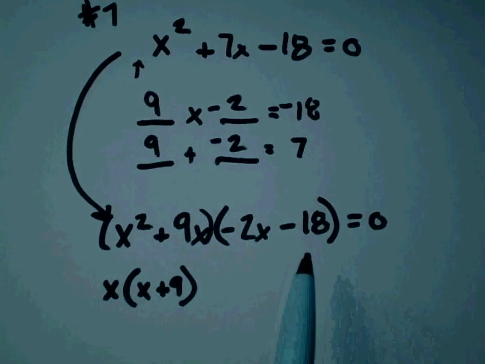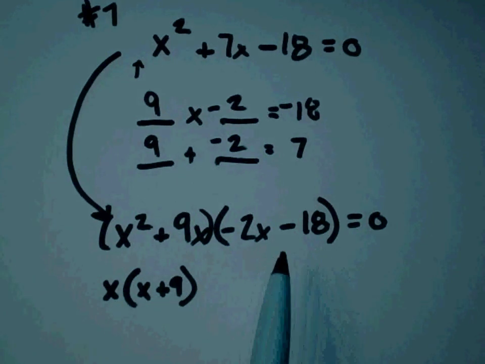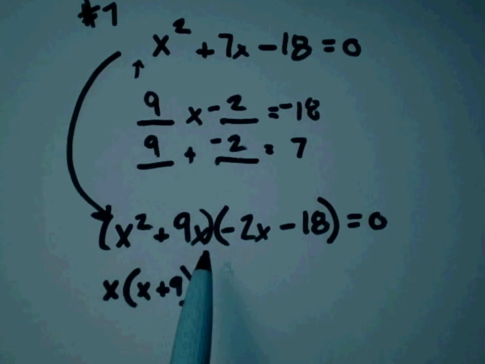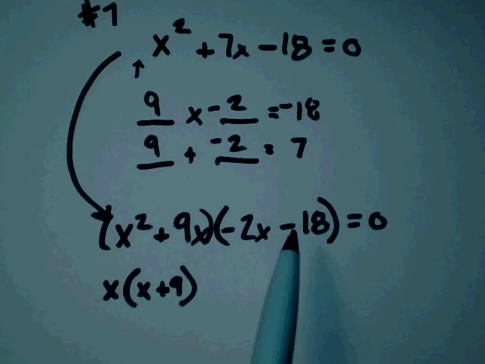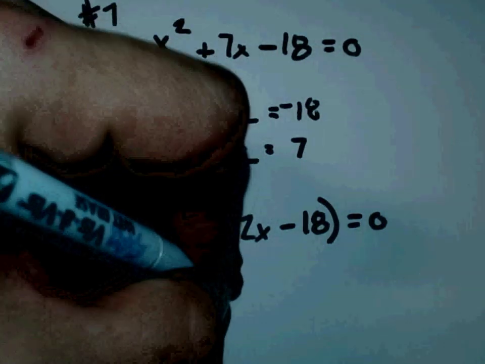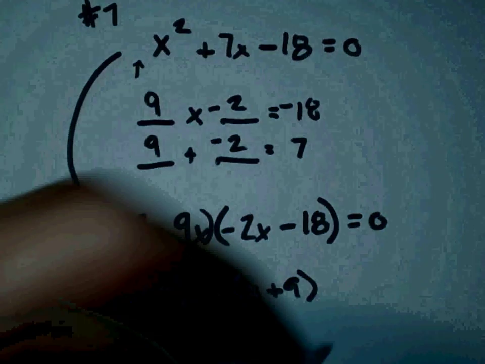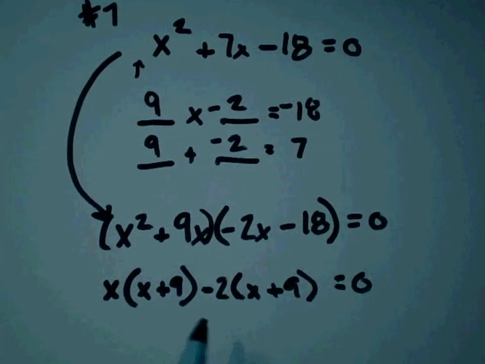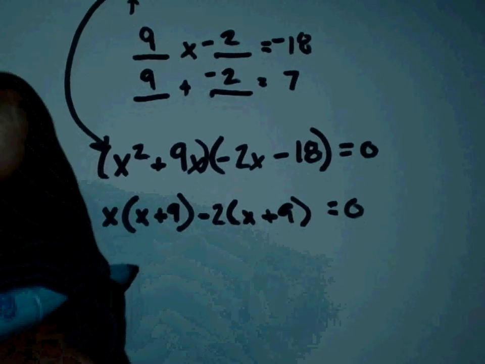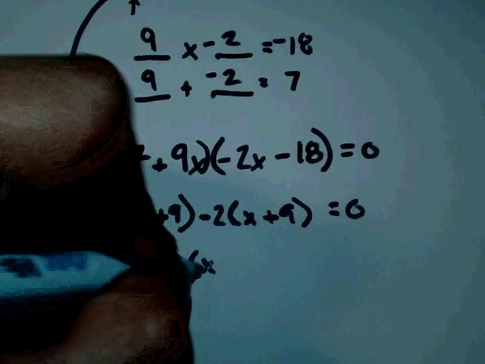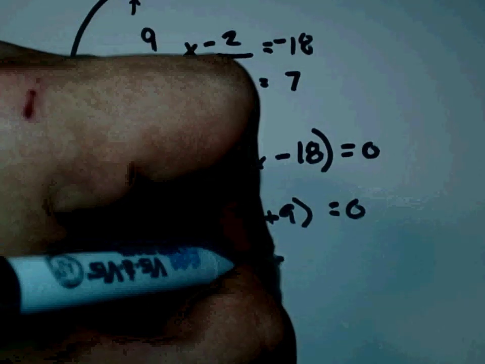Now, the GCF in this one we can clearly see is a 2, but we need to make sure that it gives me an x plus 9, and so therefore what's going to make this a plus is pulling out a negative 2. And so it's leaving x plus 9. And since both of them are the same, that gives me my 2 factors. So my factored form is x minus 2, x plus 9.